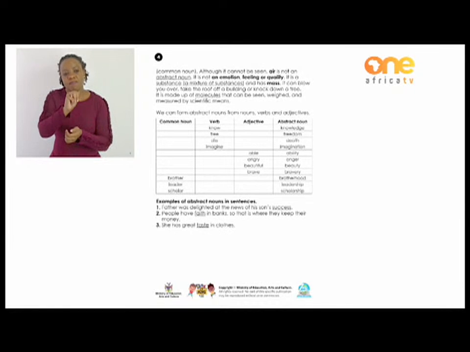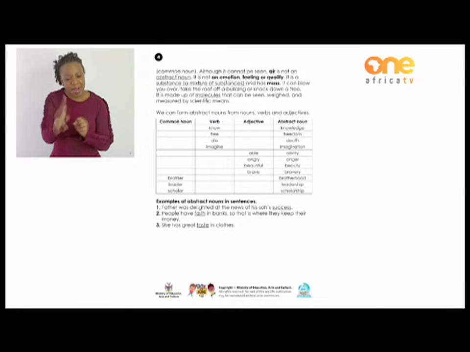It can blow you over, take the roof off a building, or knock down a tree. It is made up of molecules that can be seen, weighed, and measured by scientific means. Right, so that's our air there, being a common noun, not abstract, although we cannot see it.